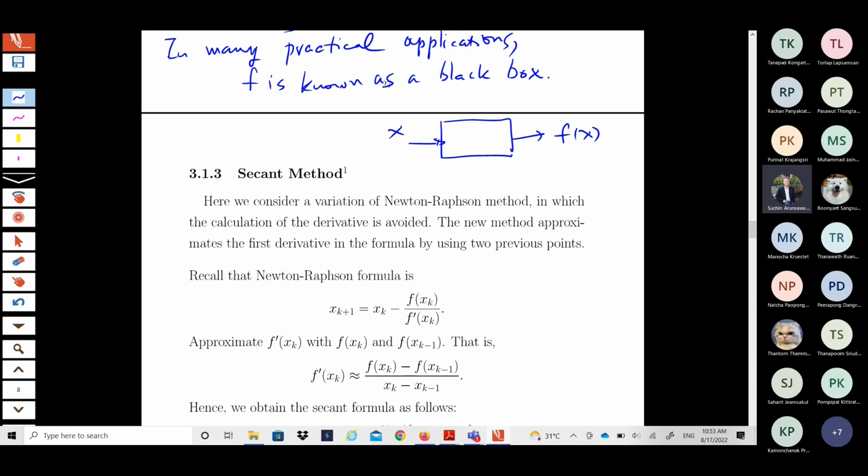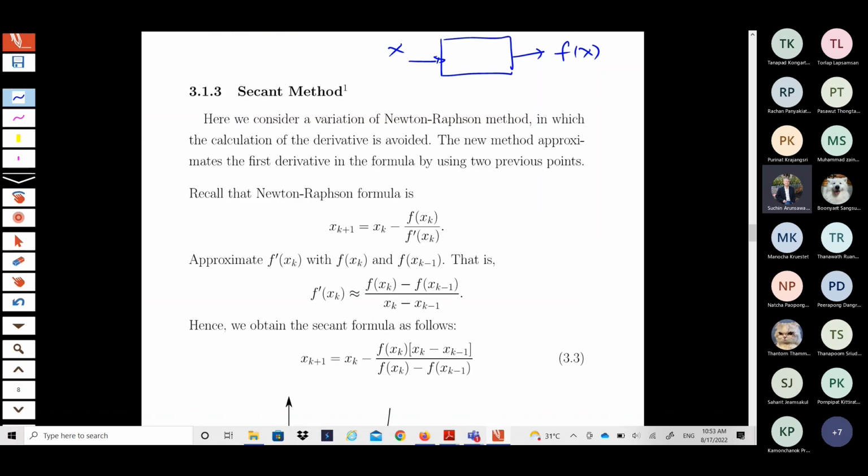This is what we do in computation, right? And this need for the derivative is the burden of the Newton-Raphson method.